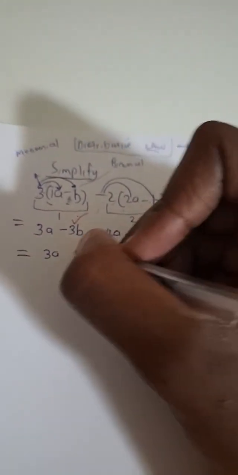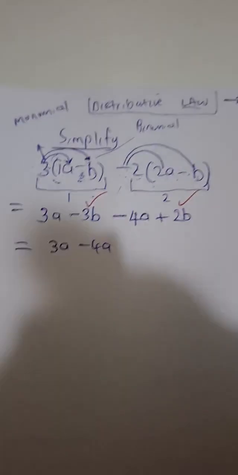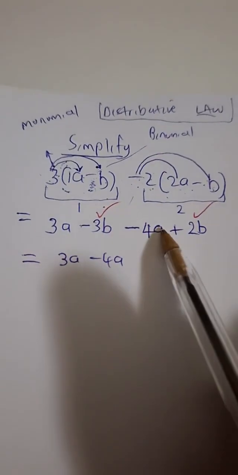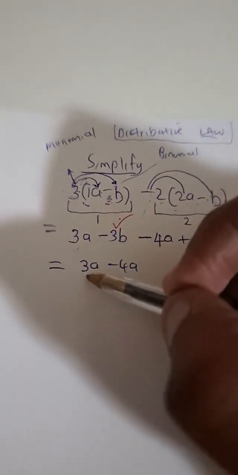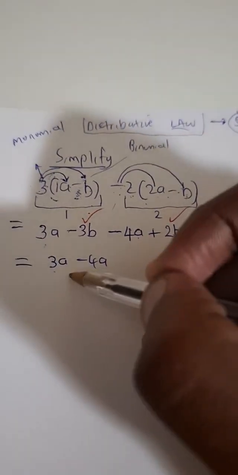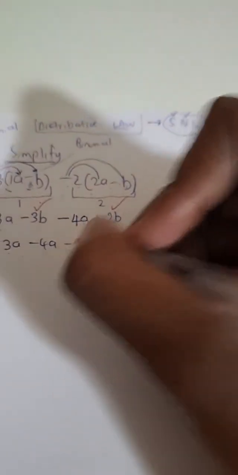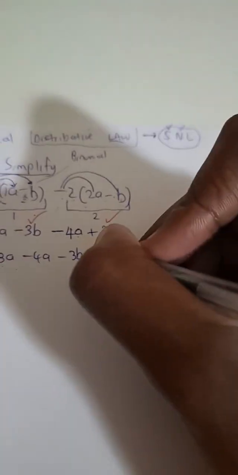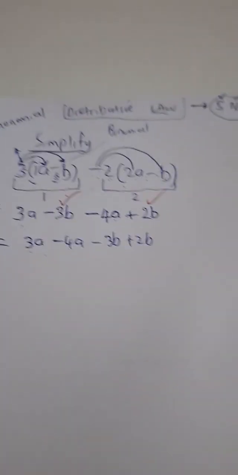Okay, now we just arrange and take like terms. 3a and minus 4a are like terms next to each other. You see the sign of 3, it was positive. You see the sign of negative 4a, it was negative. It's still like that. Negative 3b plus 2b.